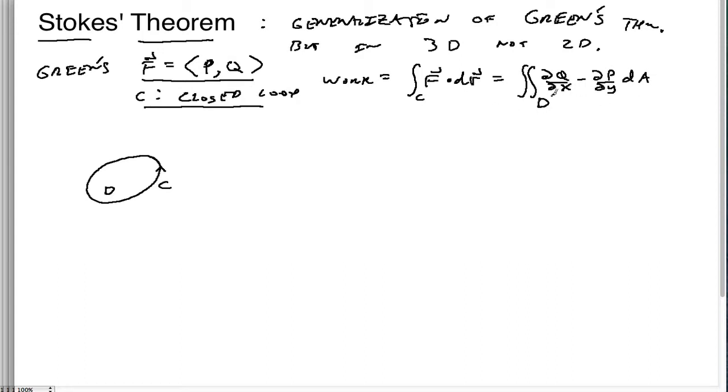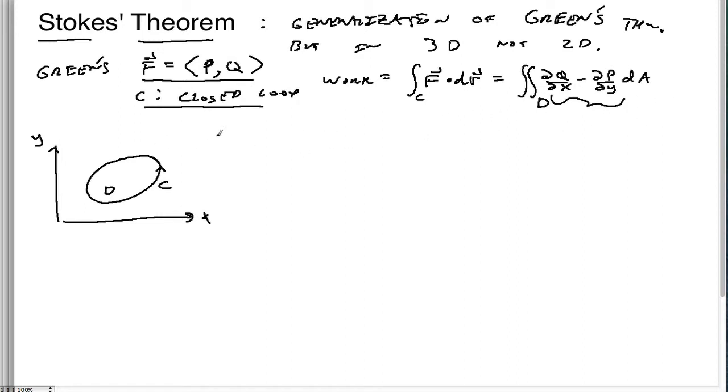So again, this has to be continuous inside of here, and it has to exist for everything inside this flat region. So again, we think of that as an x and y, right? Like so. And then this works out just perfectly.